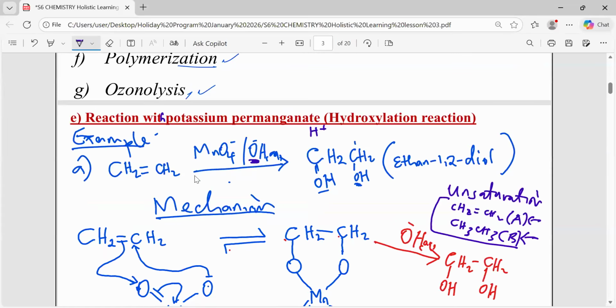So we are saying that this reaction of potassium permanganate can be used as a test for unsaturation, to know which one is unsaturated and which one is not. Now, when you use alkaline potassium permanganate, we are seeing that we are getting a diol. And now the question is, what if we use acidified potassium permanganate?